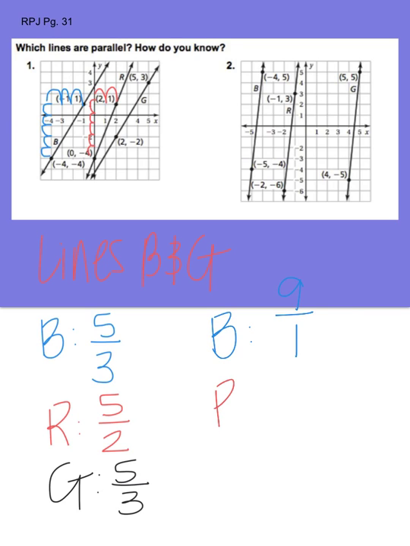For line R, you should have gotten 9 over 1. And for the green one, you should have gotten 10 over 1. So the lines that are parallel are lines B and R.